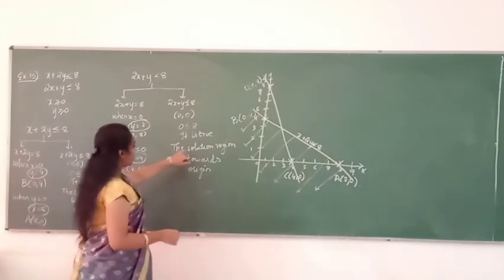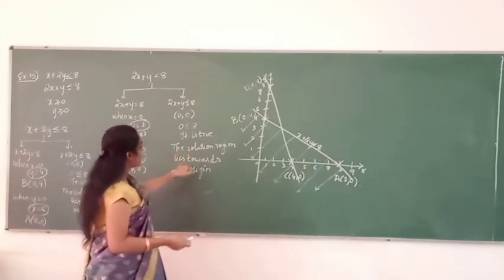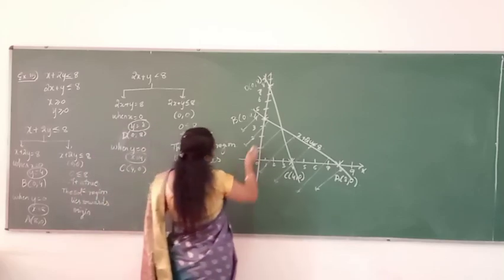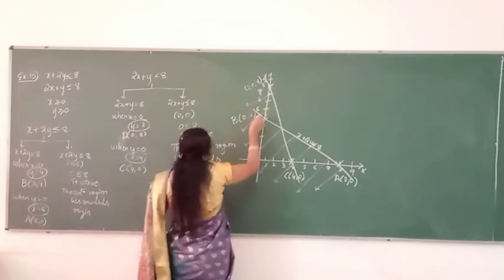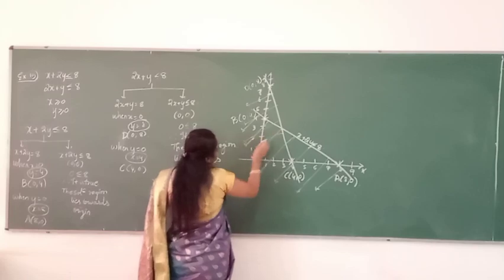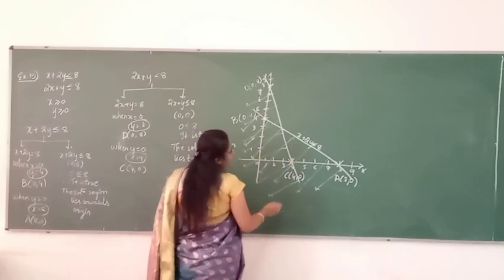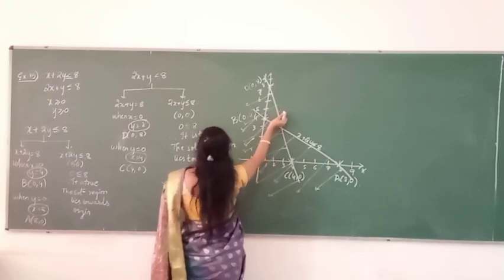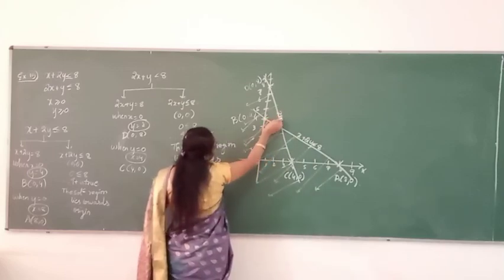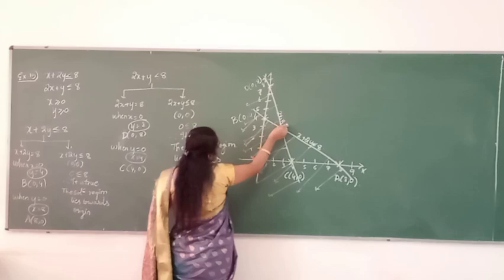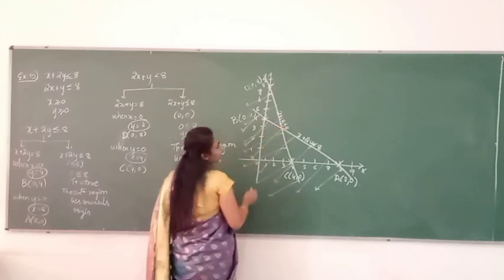Now, the solution region lies towards the origin, so I think it will be shaded in this manner. And this inequality is nothing but 2x plus y is less than or equal to 8.